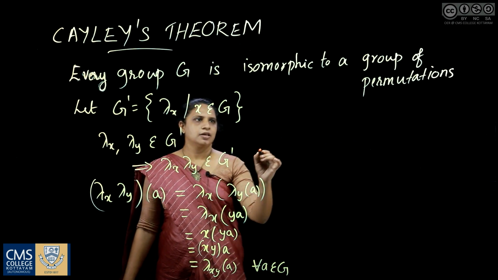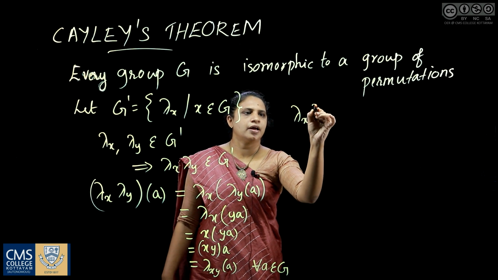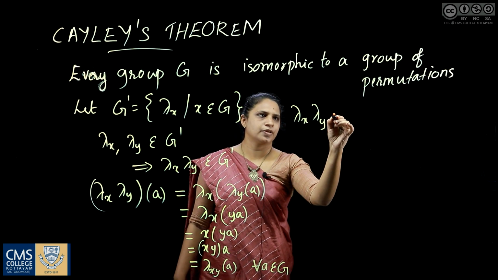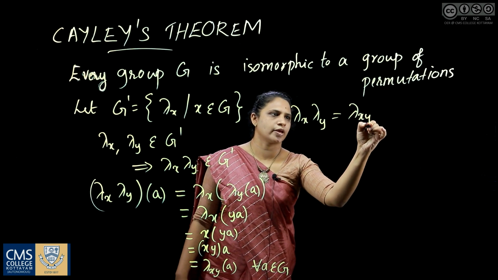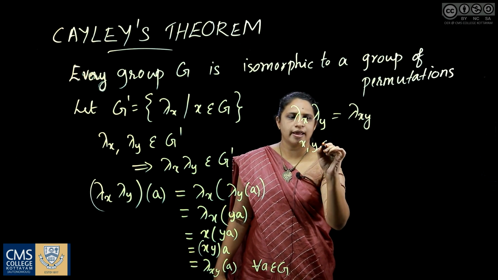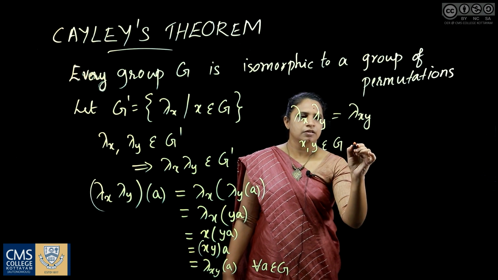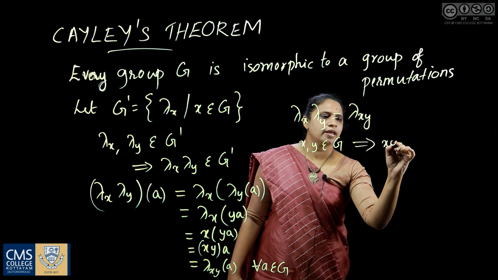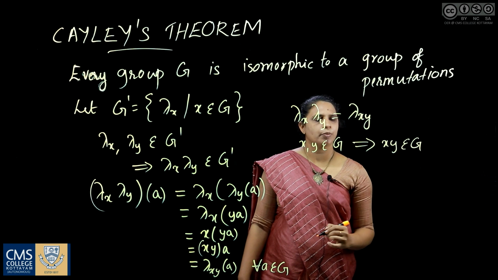This means that as a mapping, λ_x∘λ_y is the same as λ_xy. If x and y are elements of the group G, this implies xy is an element of G by the closure property of the group.